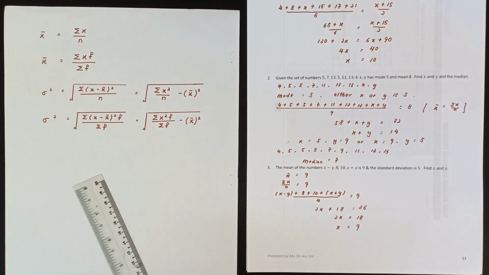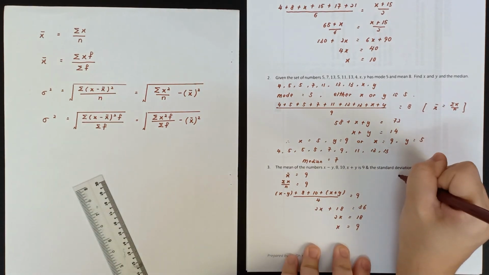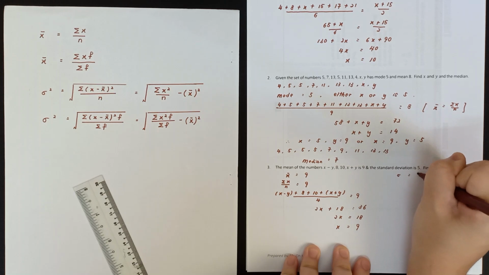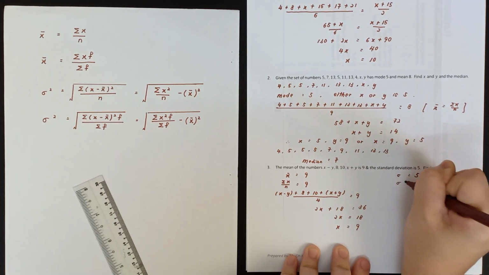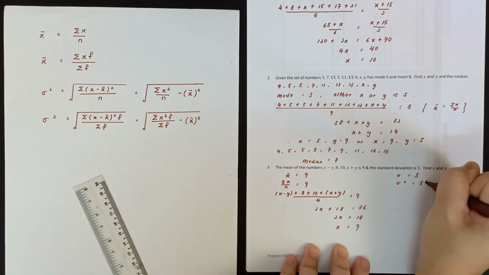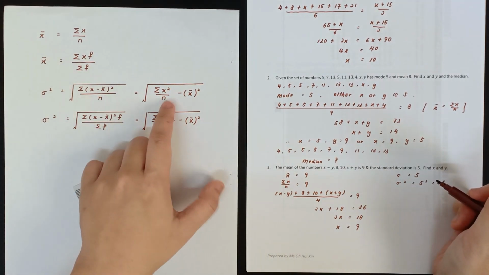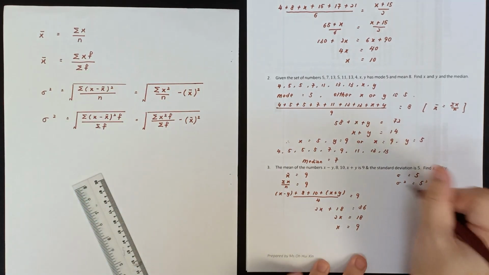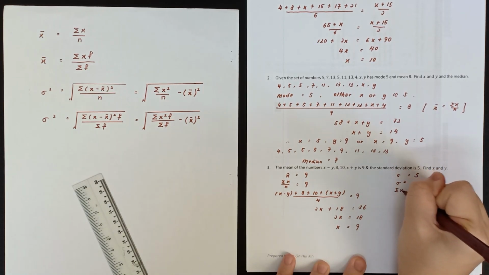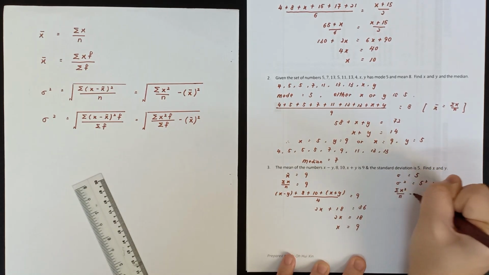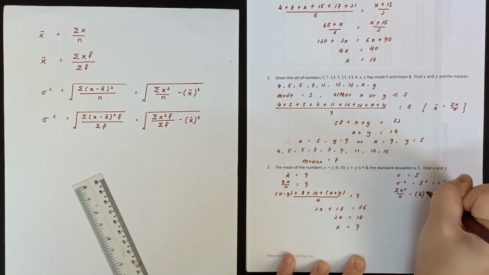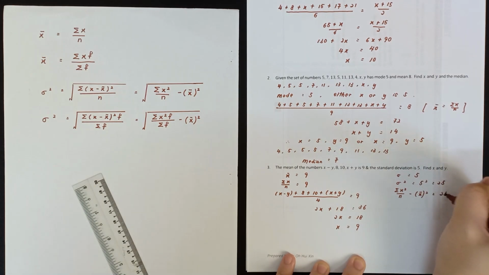So standard deviation equals to 5. If standard deviation is 5, then what's the variance? Yeah, 5 squared, which gives you 25. So meaning that we use the formula of this. The sum of x squared divided by n, minus the mean squared, equals to 25.